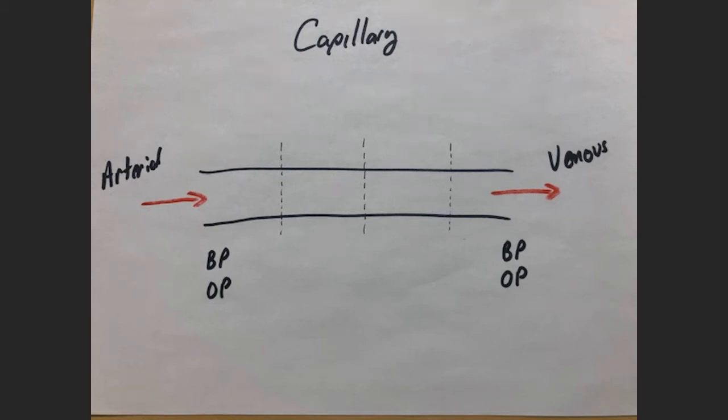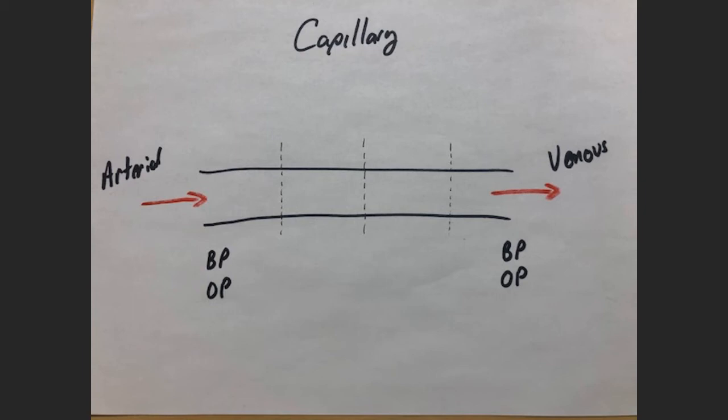Now, of course, in real life, this is not really how that system is going to work, but by doing it this way, it will give you something you can visualize to help you better understand how this Starling-Landis fluid shift occurs. So blood pressure pushes fluid out, osmotic pressure pulls it back in, and by that way, we hope to maintain a constant flow or volume of blood inside that vascular system.